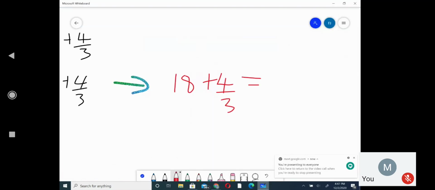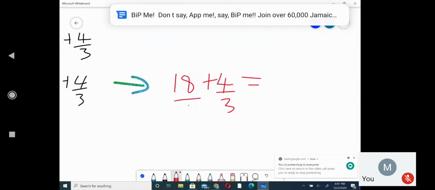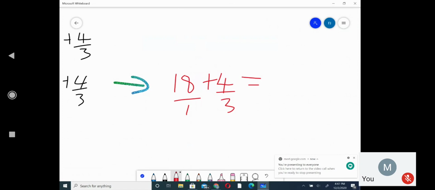Alright, so in order to add 18 plus 4 over 3, what's the first thing we must do? Alright, we can write 18 as a fraction, yes, and then what? We must identify the common denominator. The common denominator would be what? 3.